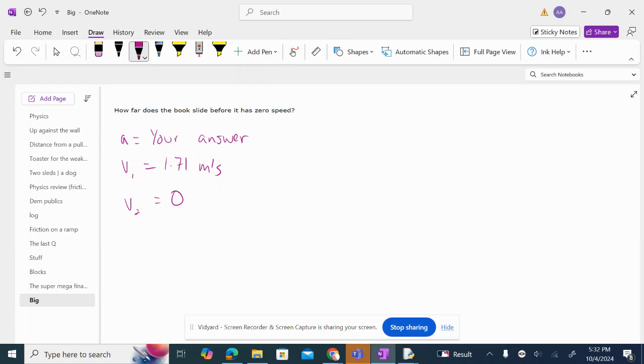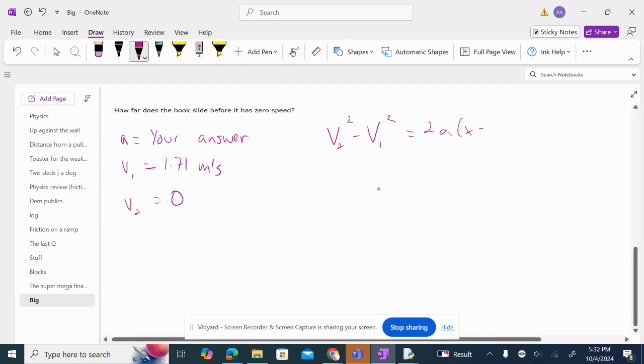Now, we can use a kinematic equation right here. We know that we have the kinematic equation vf squared minus vi squared is equal to 2a, and then they have x minus x naught, which is the same thing, 2a delta d, which is a displacement.